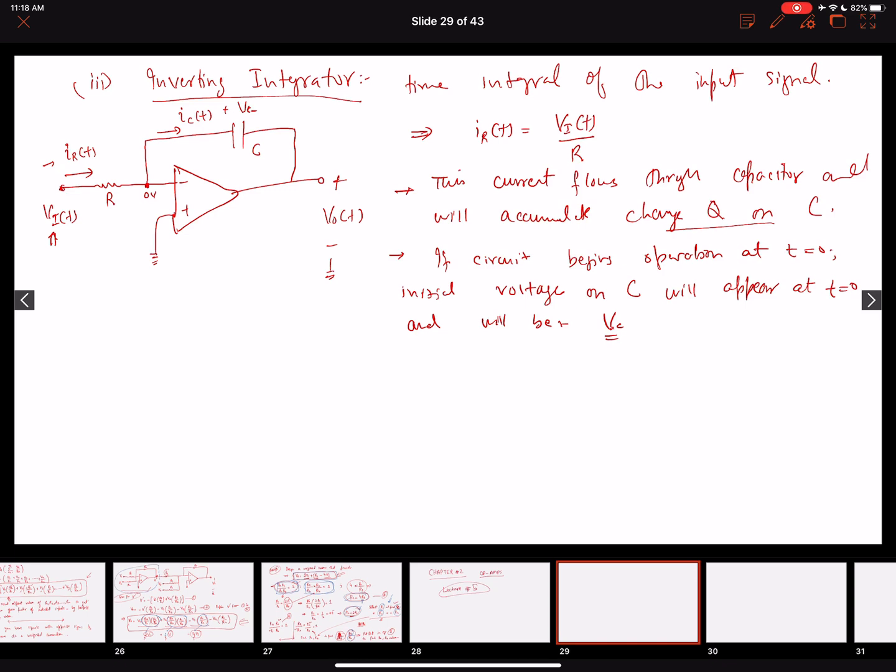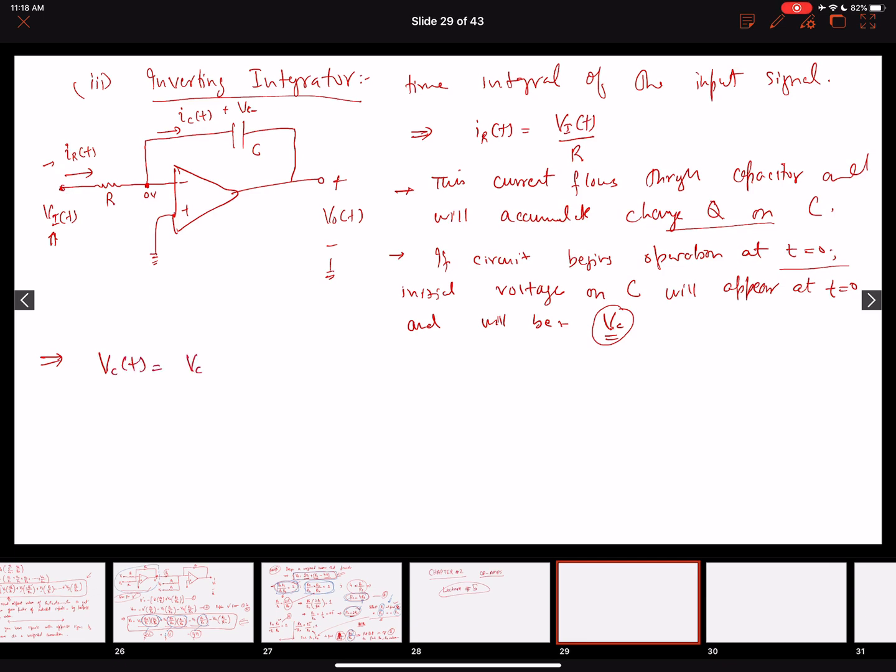So if we consider the circuit begins its operation at time equals 0, the voltage that will appear across the capacitor will be Vc as an initial voltage. So let's write the total voltage Vc of t on the capacitor.